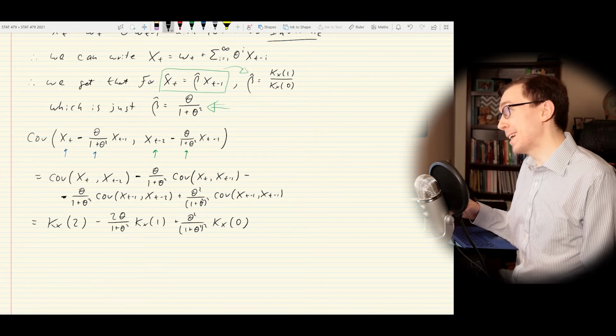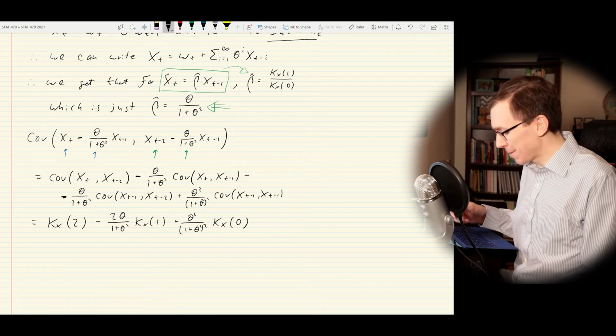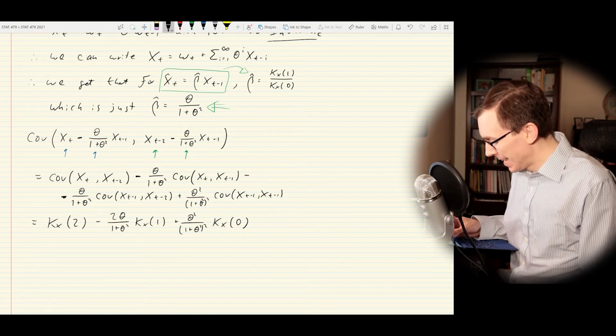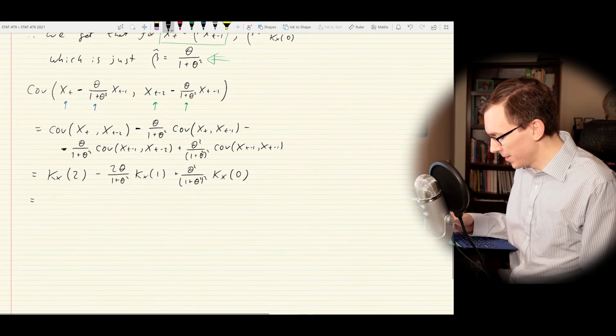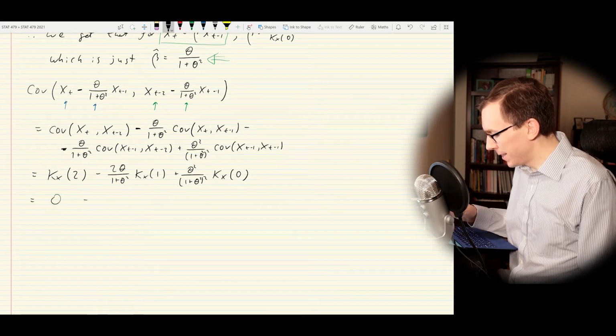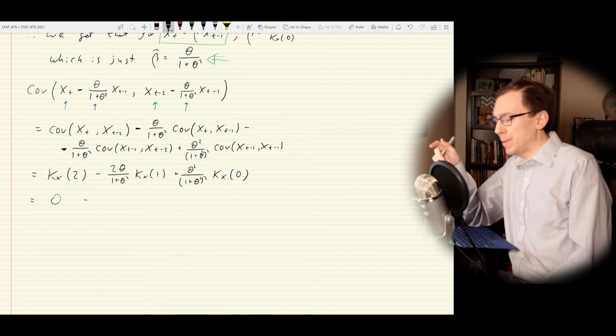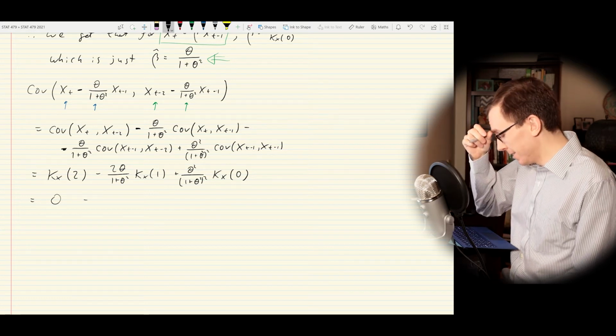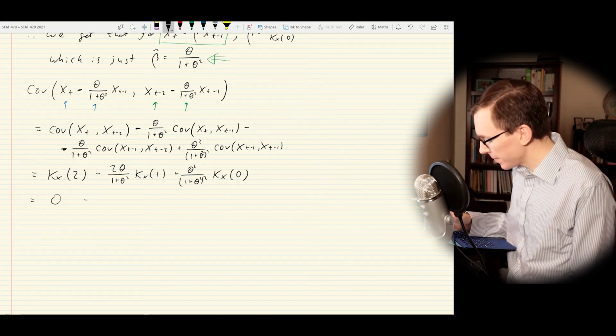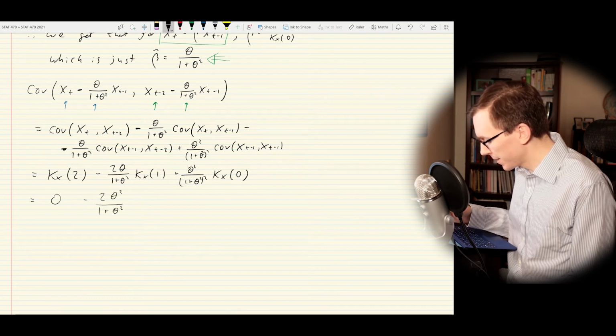If I remember off the top of my head, let's see if we can do this from memory because I didn't actually write it down. At lag 2, the autocorrelation is 0. At lag 1, the autocorrelation should just be theta. Yes, it should be theta. So we end up with something like 2 theta squared over 1 plus theta squared.